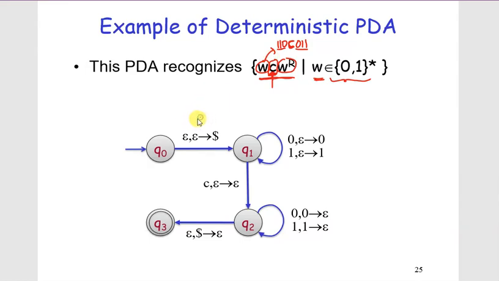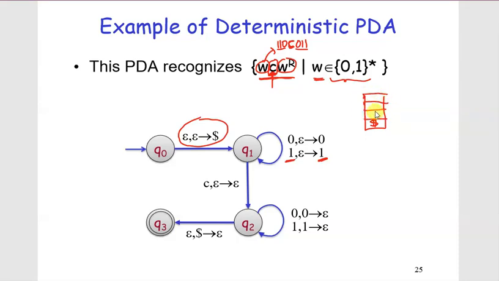First we set up our stack, and then we start reading alphabets. For example, we read 110. We read alphabet 1, and we push 1 into the stack.